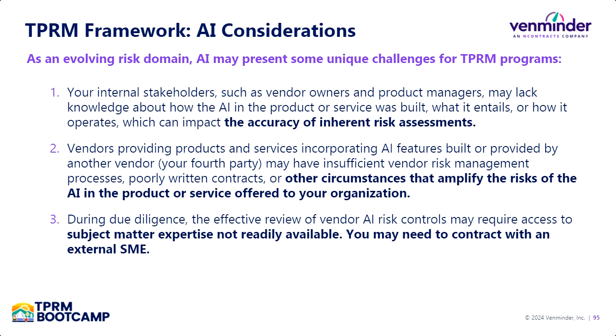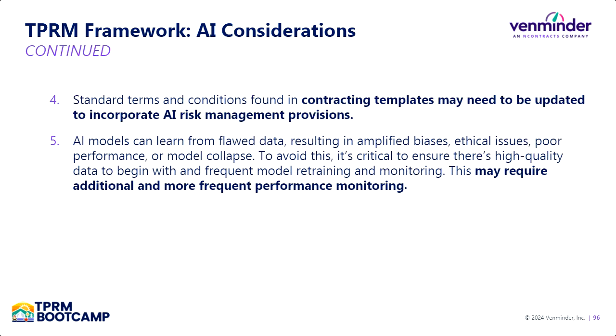Finally, during due diligence, the effective review of AI is going to be dependent on having the right subject matter expert. You may not have one in-house, which means you might have to get that resource externally. The other issue is that your existing contract templates may not address AI risk at all. Another thing to really consider is that AI models can learn from bad data, right?